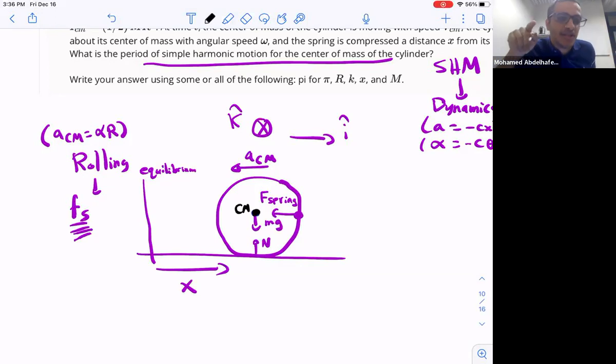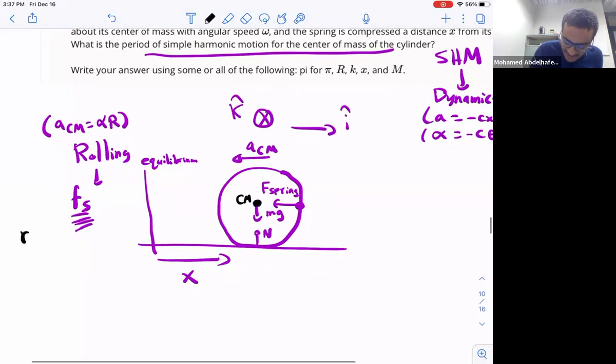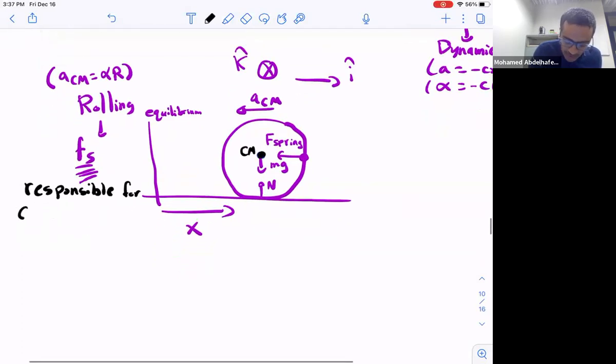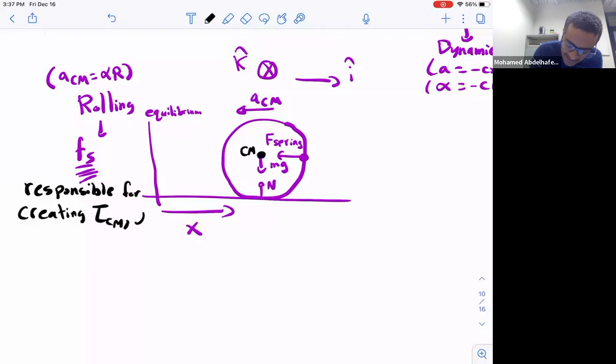So that's how we know the direction of static friction. Static friction is responsible for creating the torque_CM and hence the alpha that is needed for rolling.